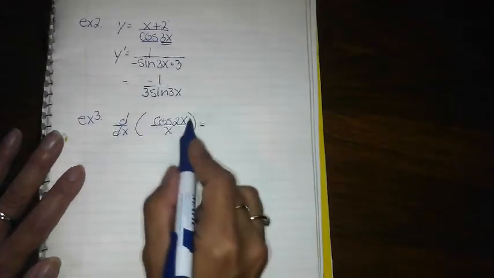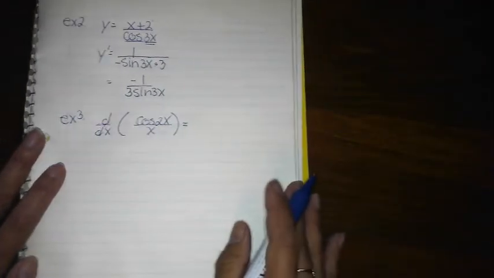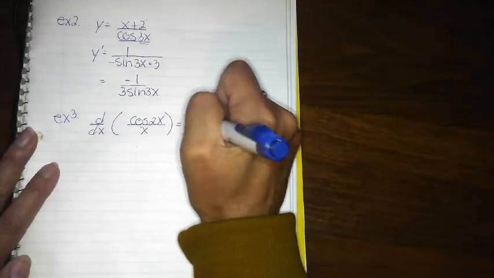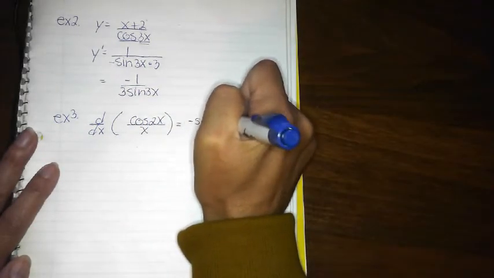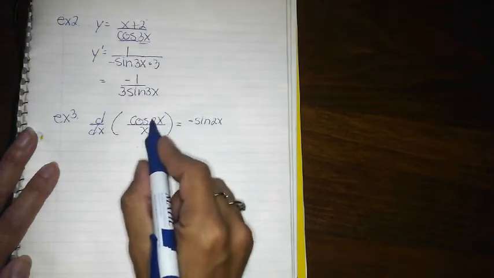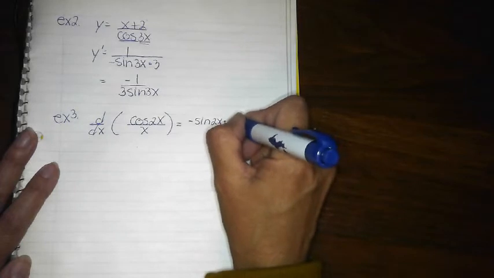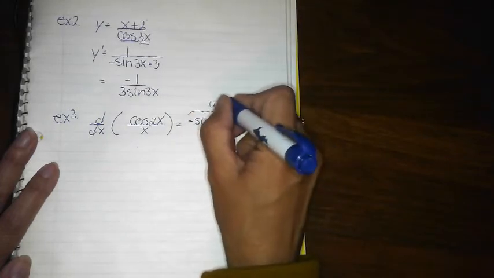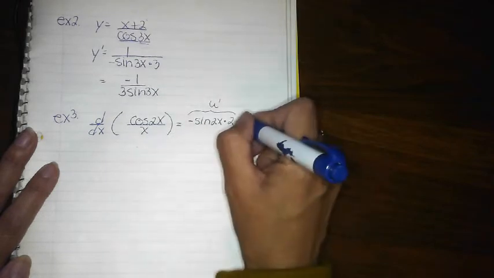I see x term divided by x term, quotient rule. So starting with the numerator, derivative here is negative sine 2x. Keep the angle the same. And now we multiply by the derivative of the angle. And so all of that was your u prime. Now we still got to multiply by the denominator.